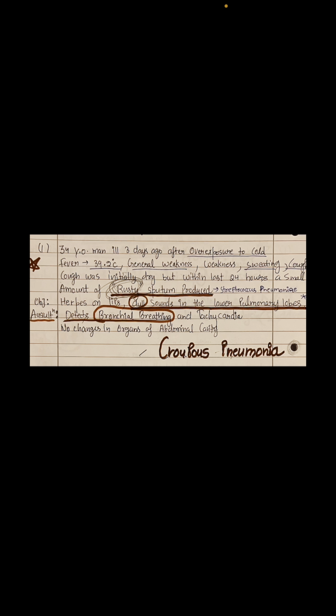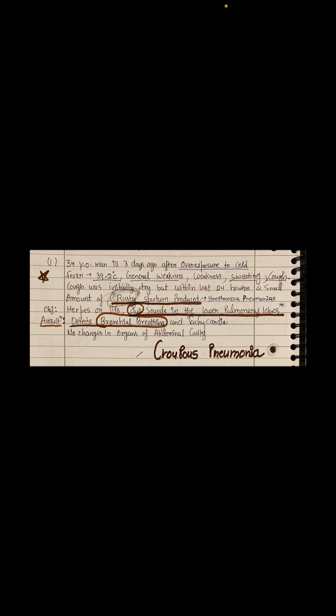So the profile of this question explains croupous pneumonia. A 38-year-old man has been ill for 3 days. He explains that he got overexposure to the cold. The patient has high fever, general weakness, sweating, and cough. The cough was initially dry, but within the last 24 hours a small amount of rusty sputum was produced.